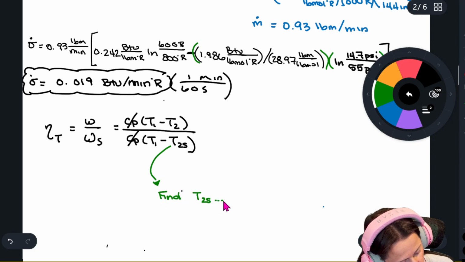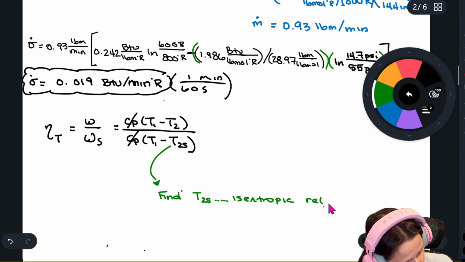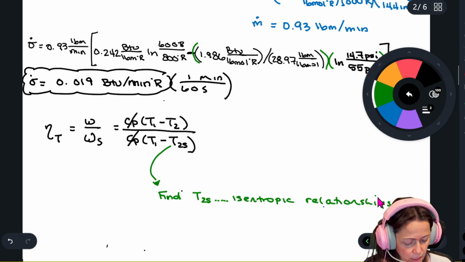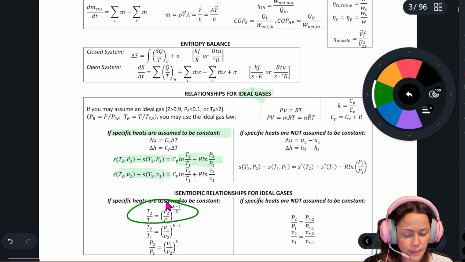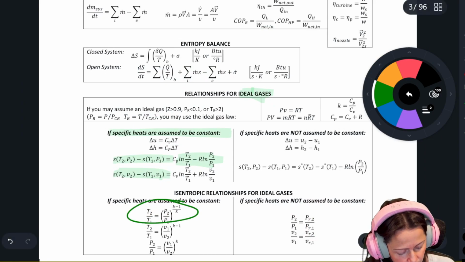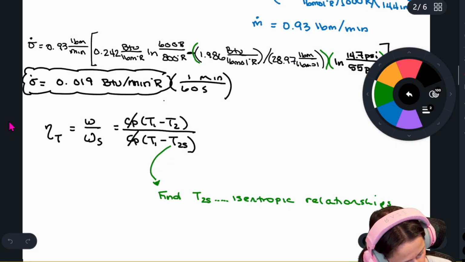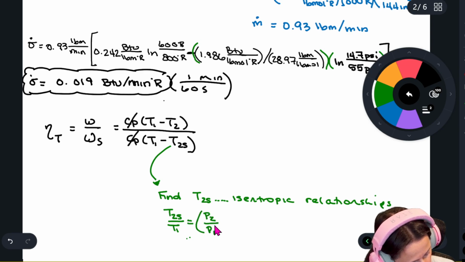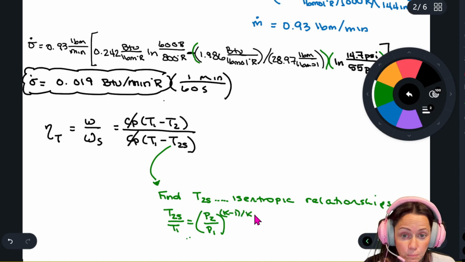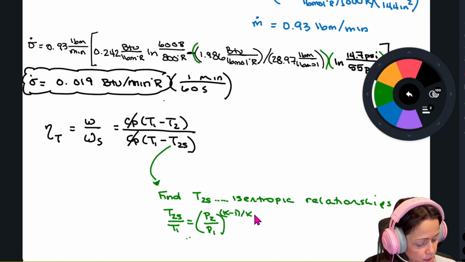In order to do that, we're going to apply an isentropic relationship. We're lucky because we have constant specific heat, so we're going to use one of the easy ones. T2S over T1 equals P2 over P1 to the K minus 1 over K. I've got K as 1.396.